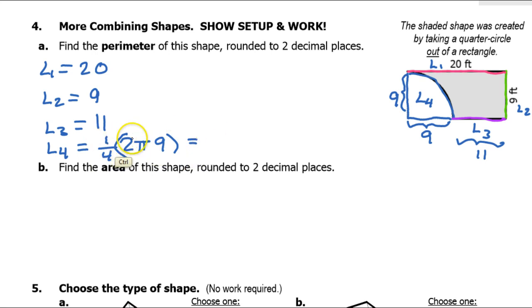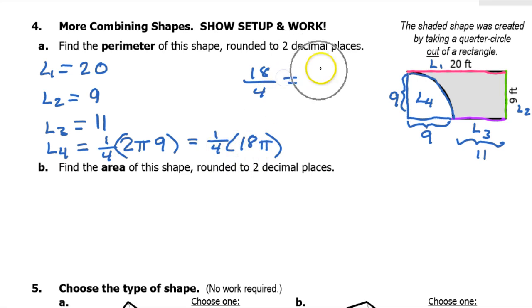Okay, and 2 times 9 is 18, so this is really 1/4 of 18 pi. Okay, now this is going to reduce down. I'm looking at 18 over 4, which is what this really is, and that's going to reduce down to 9 over 2.